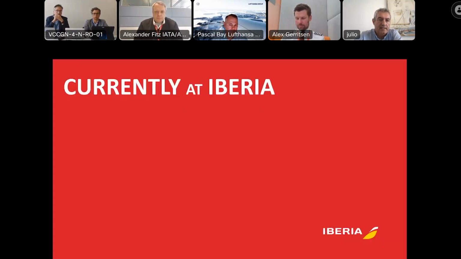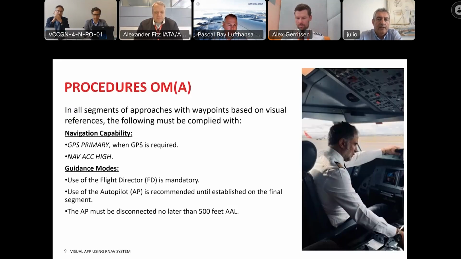Okay, what we have in Iberia. In our manuals, we have several points about the RNAV visual approach, or what we call, when we find a segment of approach that is based on visual, but we have waypoints, we use the same procedures.